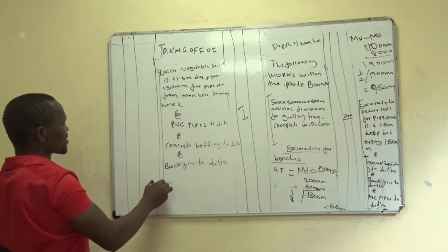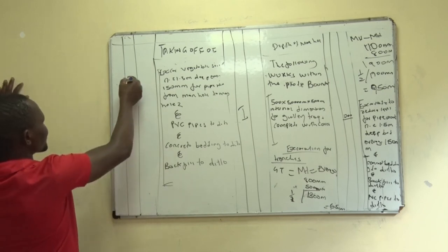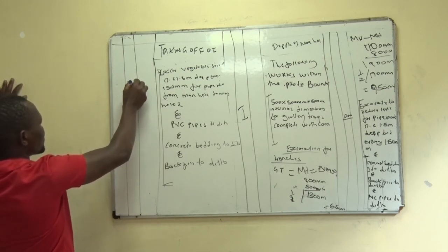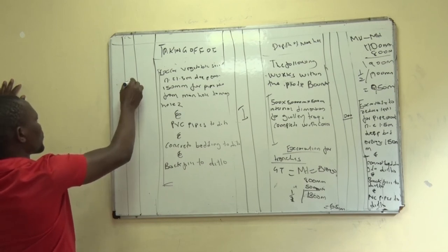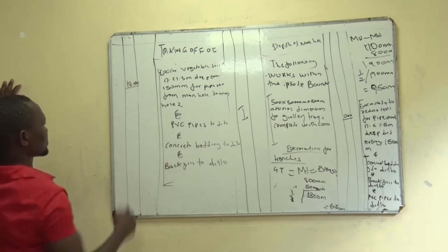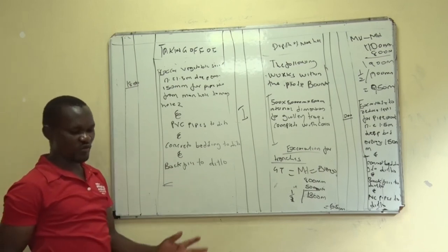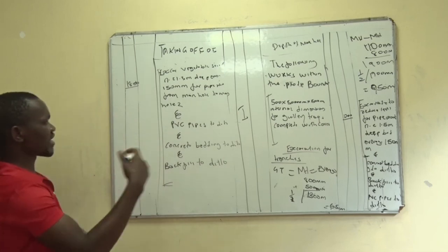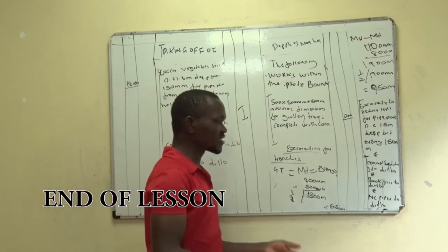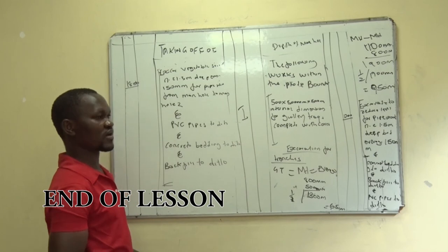Then we close our entry. Then the length was 1.8, which was 18,000 millimeters, so it is 18.00 meters. Due to time, we'll have to continue with other measurements in our next class, like the walling of the manholes and the plaster of the manhole. Thank you.